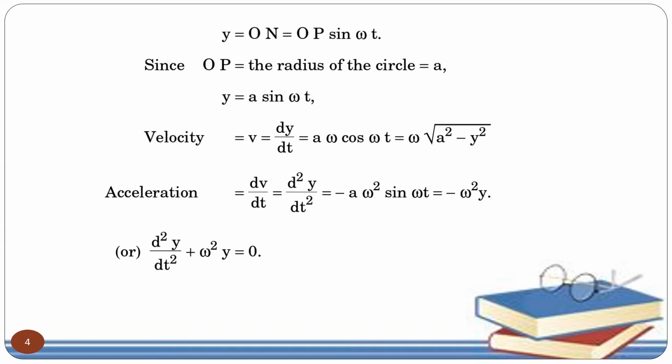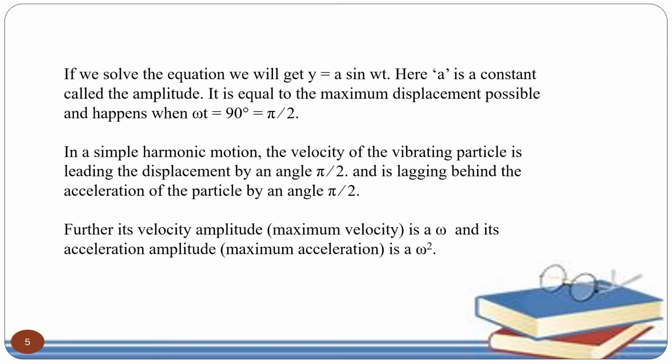In this equation, d squared y by dt squared is acceleration and y is distance, so the acceleration is directly proportional to the displacement. In the equation y equal to A sin omega t, A is the constant called amplitude, that means the maximum displacement.